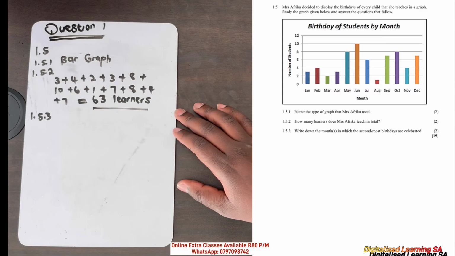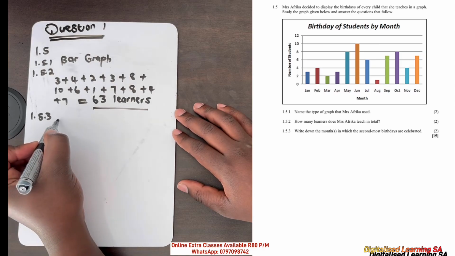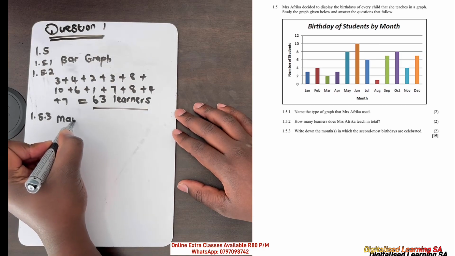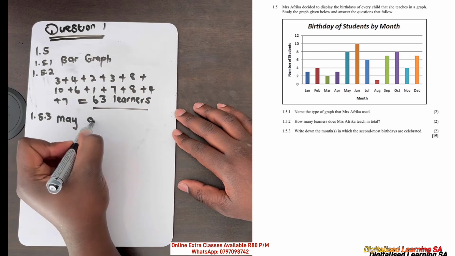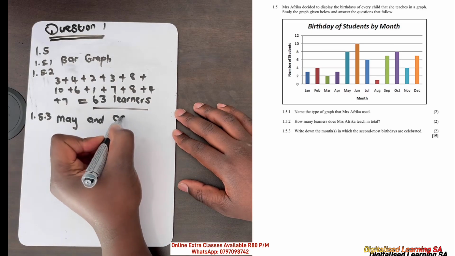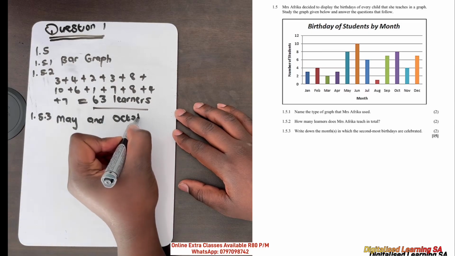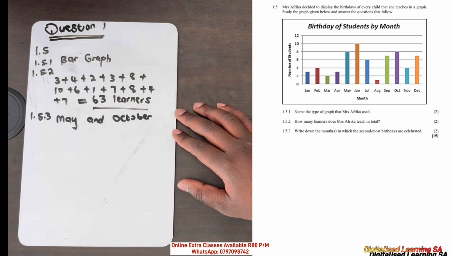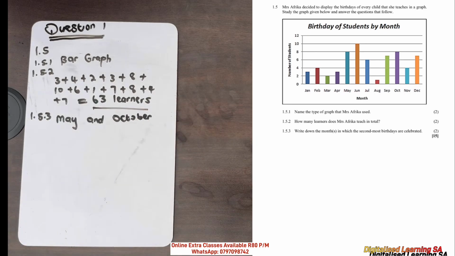The second highest would be May and October because there are 8 learners in both of those months. So our answer will be May and October. And that brings us to the end of question 1.